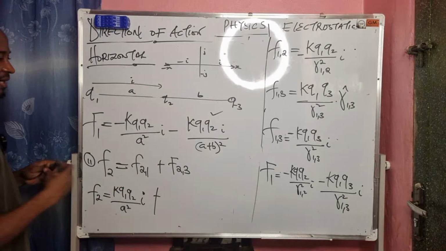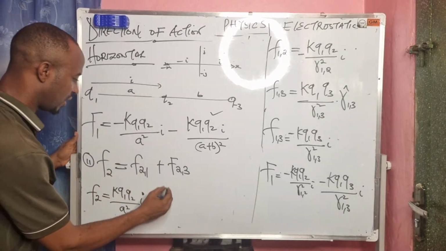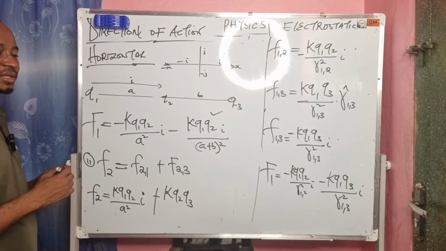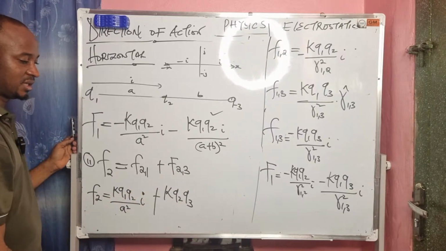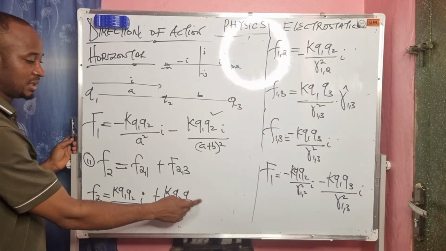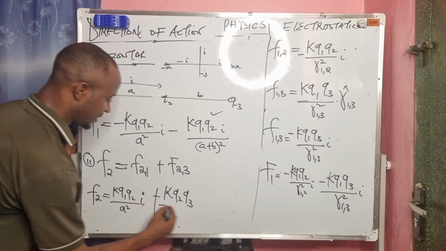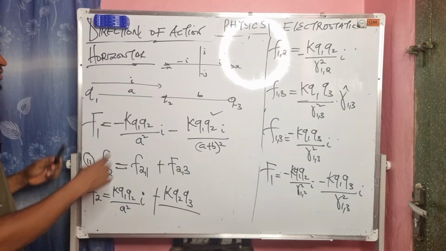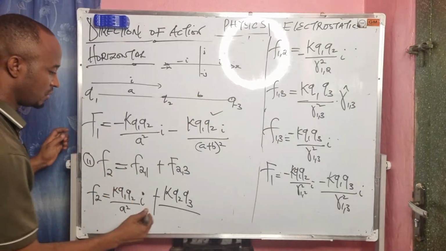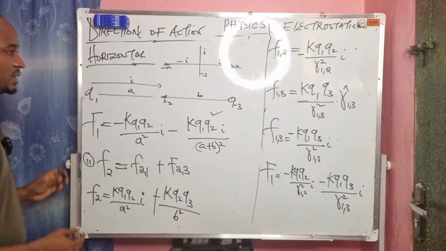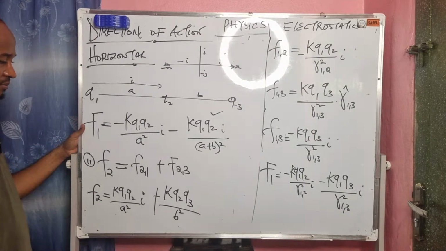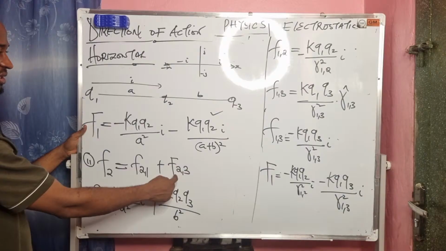Plus, then let's define F23. That will give us KQ2 Q3, since F23 is between charge 2 and charge 3, divided by the distance between charge 2 and charge 3, which is B, so B squared. What will be the direction of action from charge 3 to charge 2?